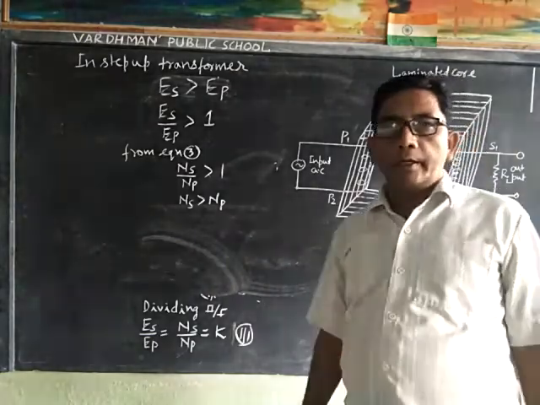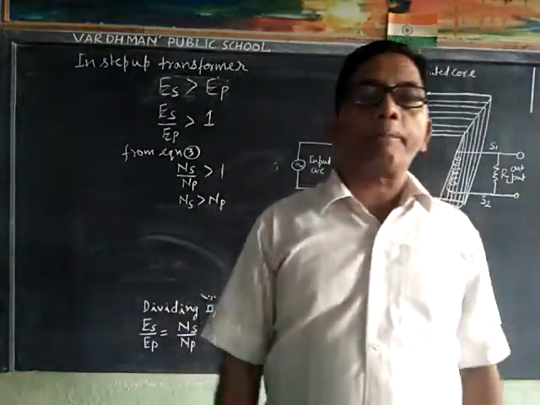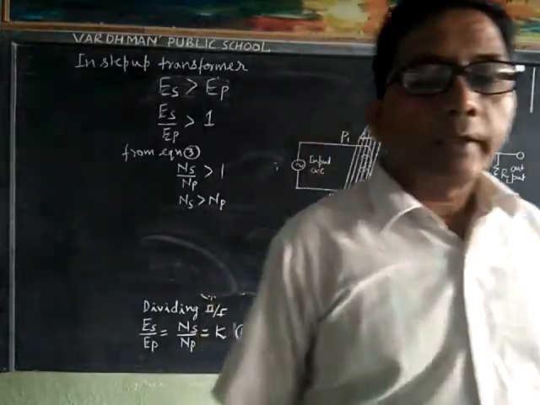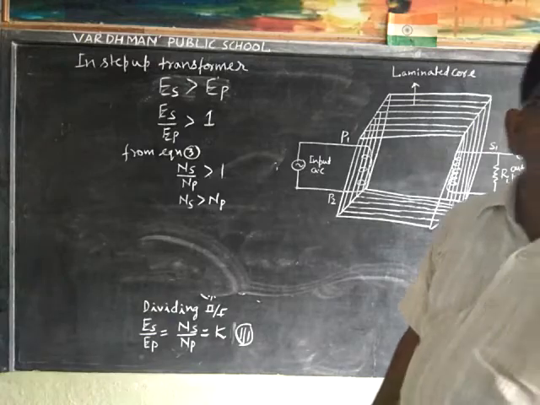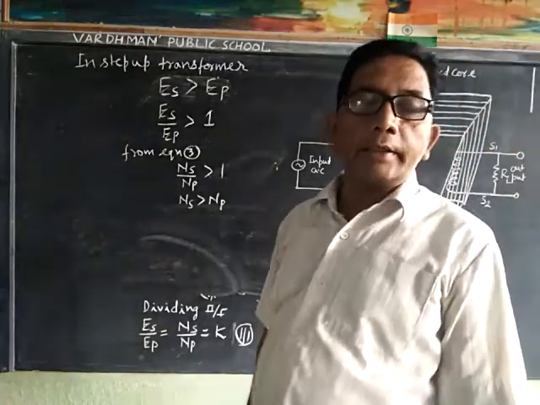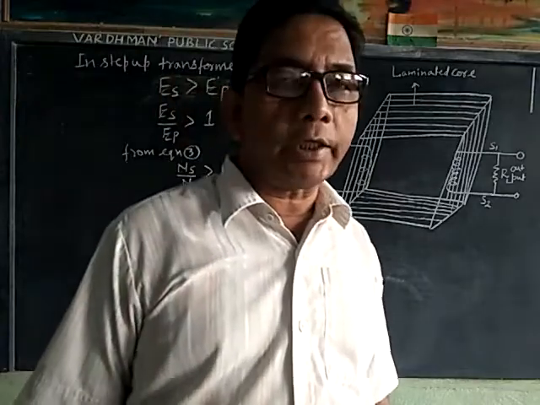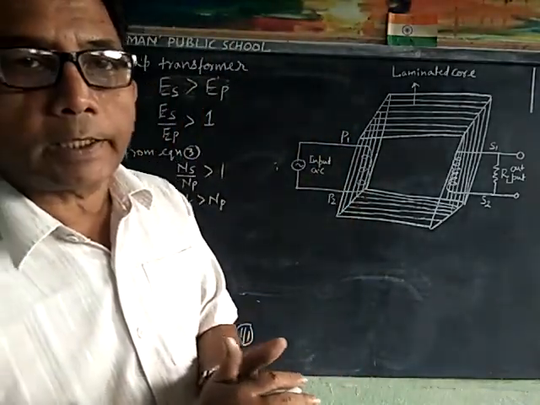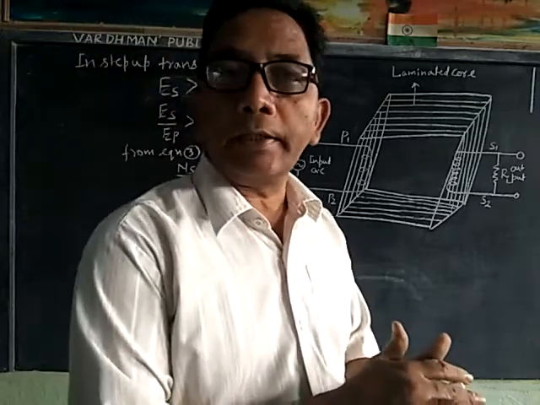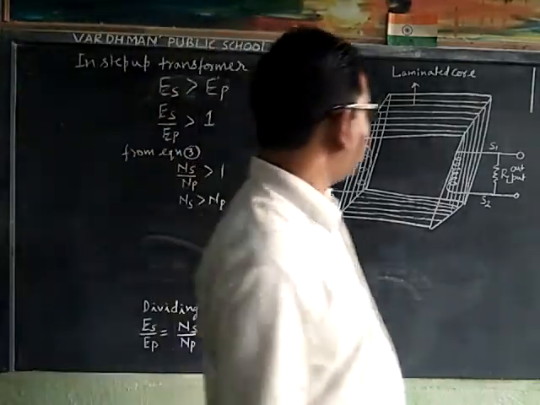Let IP be the value of primary current at any instant t, and IS be the value of secondary current at any instant t.